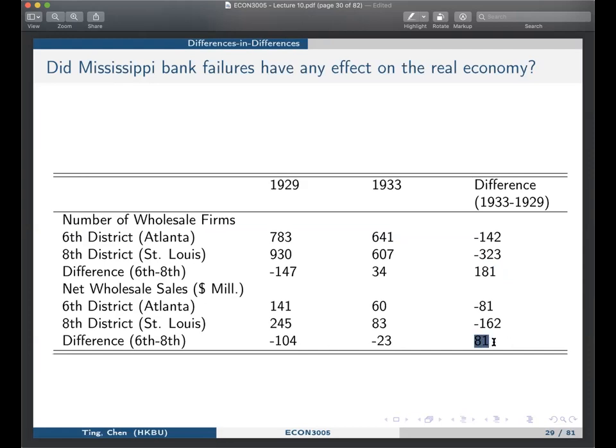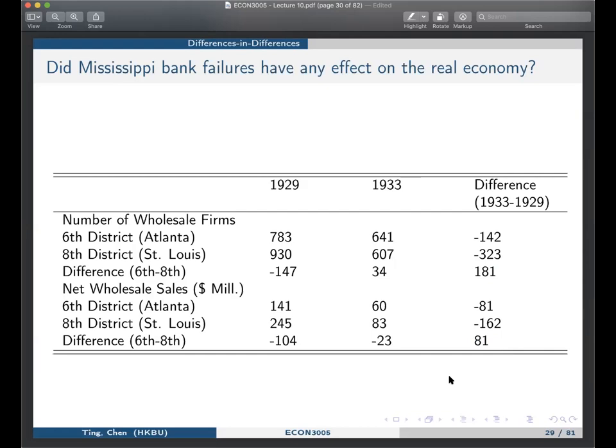For the treatment group, that's 81 million more in wholesale sales. It means this outcome indicates that by lending money to the banks, it also helped the real economy to endure this crisis.